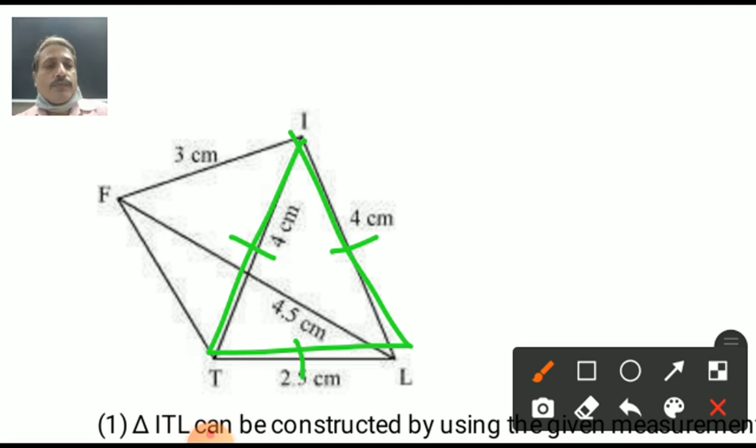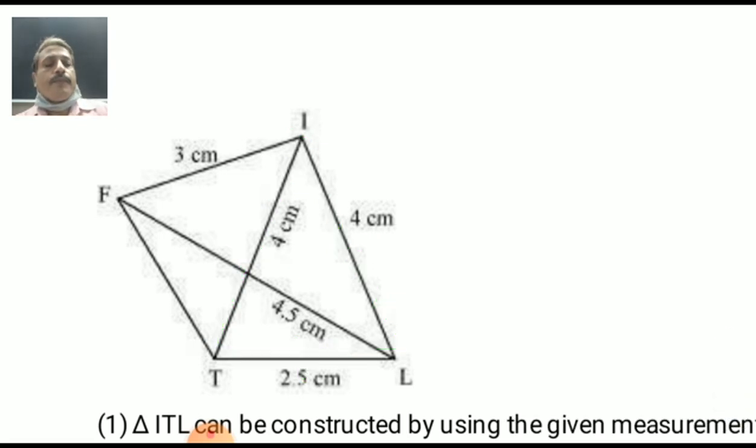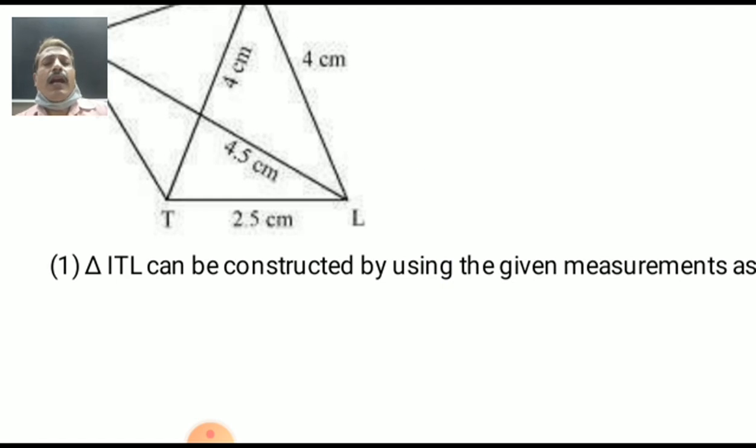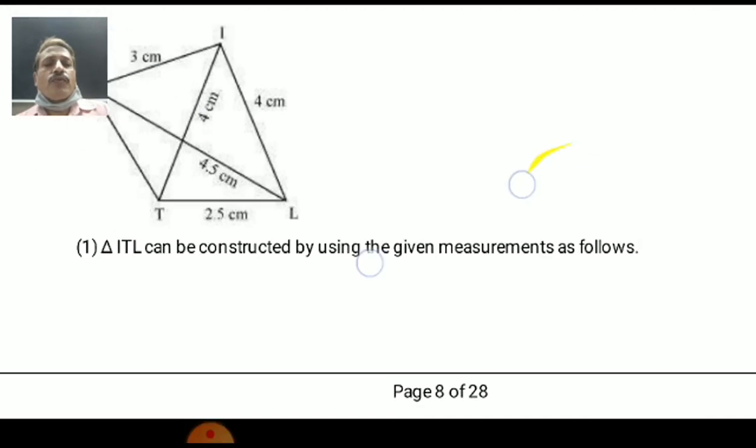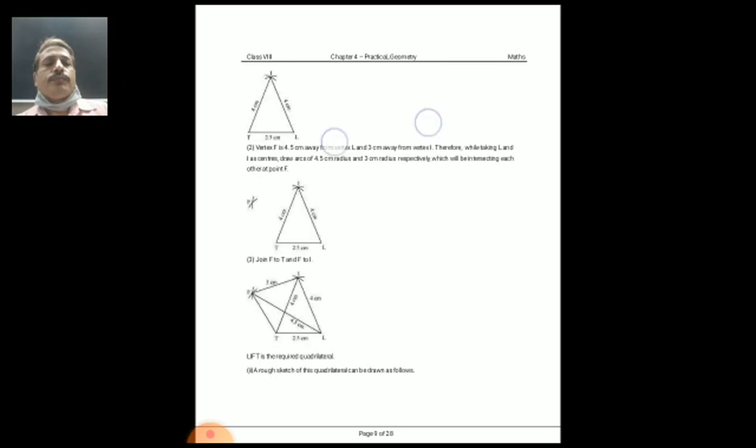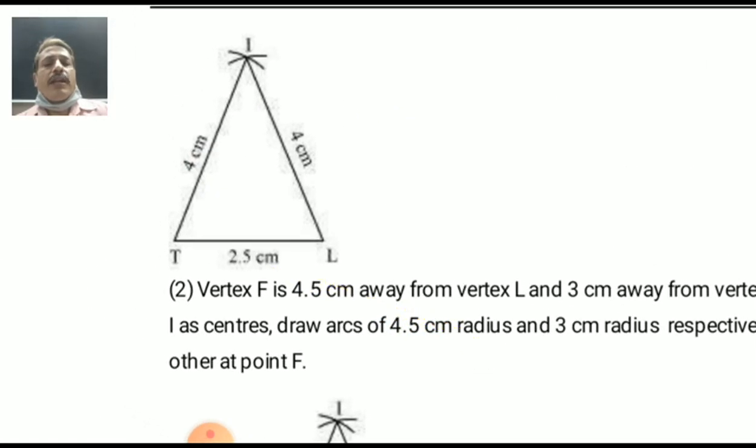Yes, why not? Triangle ITL can be constructed using the given measurements as follows. First of all, make the base TL of 2.5 centimeter with the help of the scale. Very good, student. Now take an arc of 4 centimeter from L and an arc of 4 centimeter from T.